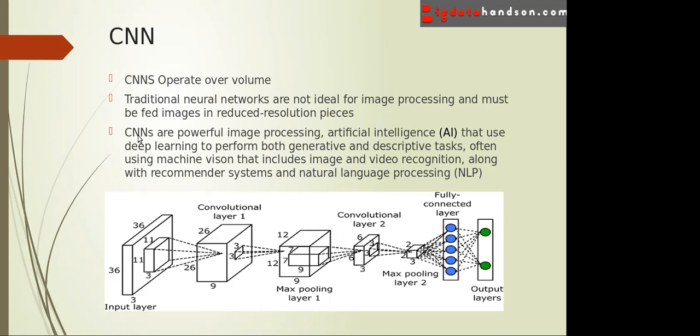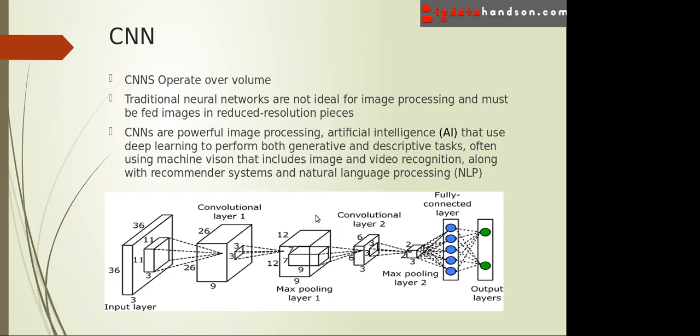Convolutional neural networks are powerful image processing artificial intelligence that use deep learning to perform both generative and descriptive tasks, often using machine vision, which includes image and video recognition along with recommender systems and natural language processing. So these are the fields where we use convolutional neural networks.